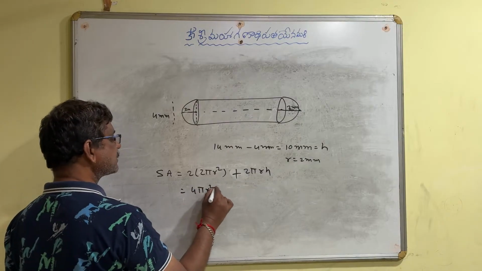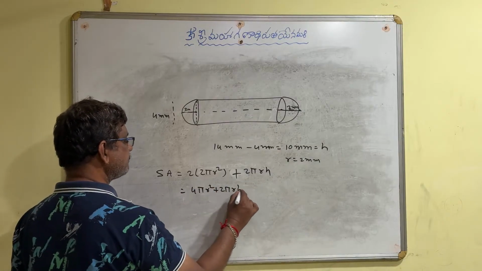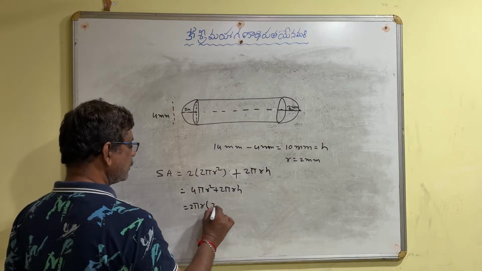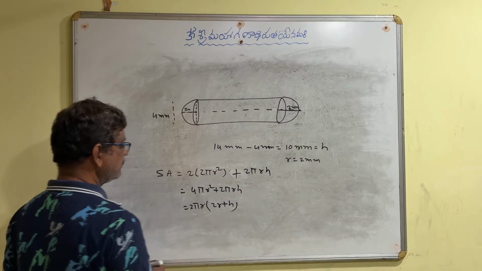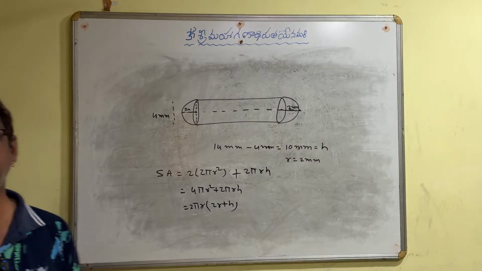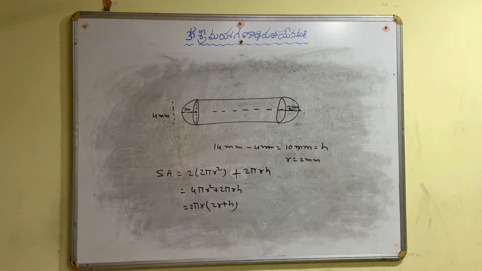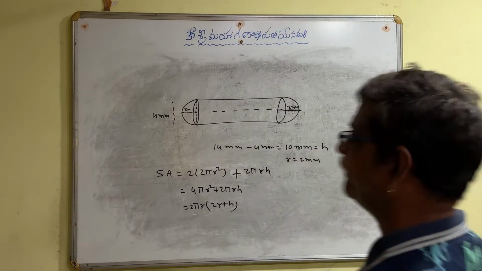So 4 pi r square plus 2 pi r h. Take 2 pi r common: 2 pi r (2r plus h). Now substitute the radius and height and simplify for finding the surface area of the capsule. Now radius insert 2, height 10, and pi value is 22 by 7.